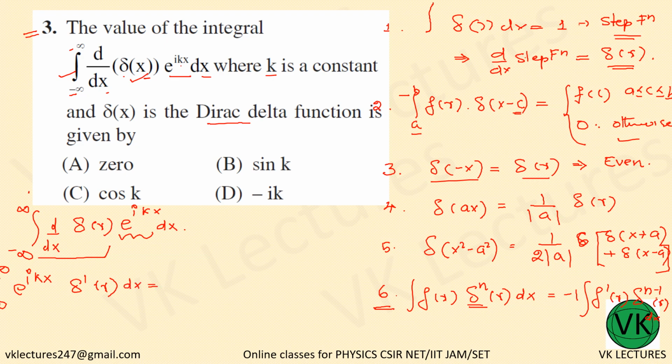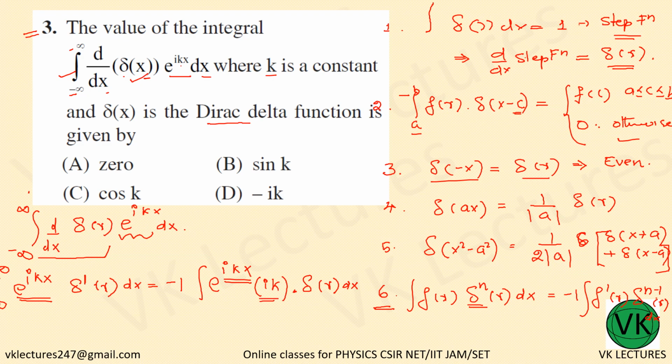So that is equal to minus 1 times integral first derivative of the function, that is e to the power ikx into ik, because of the derivative of ikx, times the n minus 1th derivative, which means here n is equal to 1, n minus 1 means 1 minus 1 is 0, so delta of x.